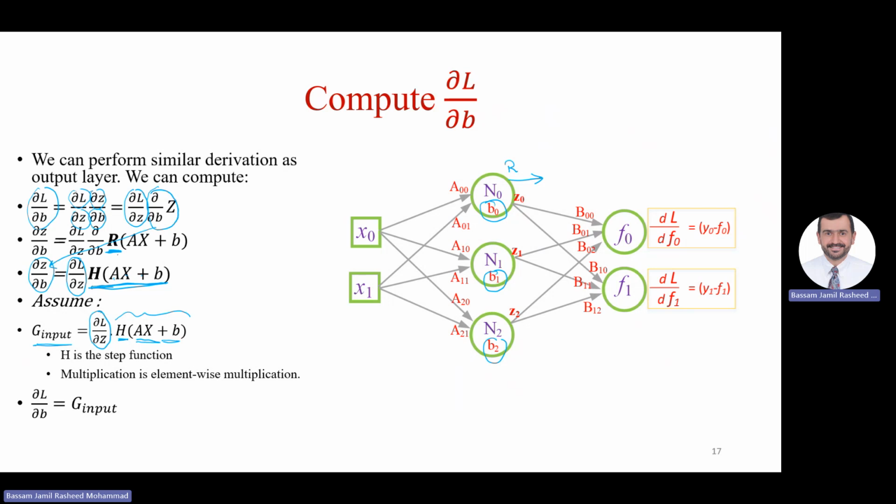Now, if we want to simplify this, then delta L over delta B, meaning the derivative required to update those biases, is equal to G input, where G input is evaluated in this equation: delta L over delta Z times the step function of the value of these nodes.